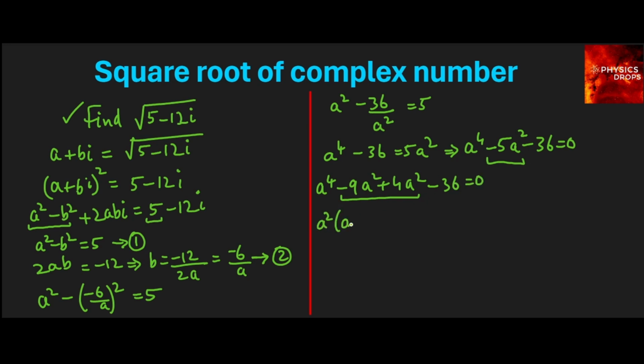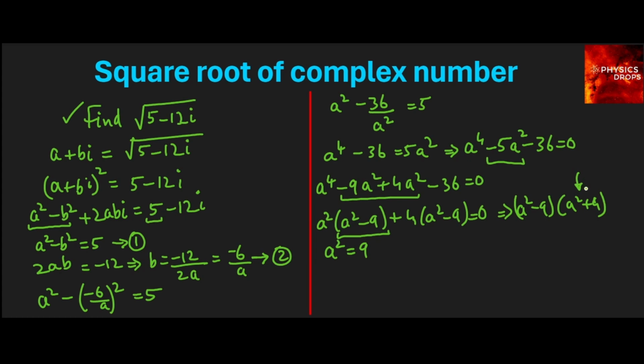A square is common, so we get a square minus 9 plus 4 is common here, and we take (a square minus 9) times (a square plus 4) equals 0. If we take a square plus 4 equals 0, then a square becomes negative 4, which is not real. We know that a is going to be real, so we take only this part. A square minus 9 is 0, then the whole thing becomes 0.